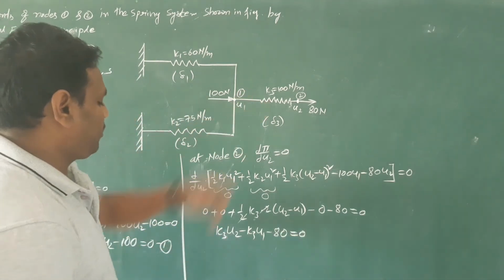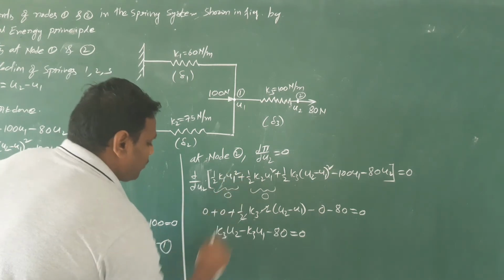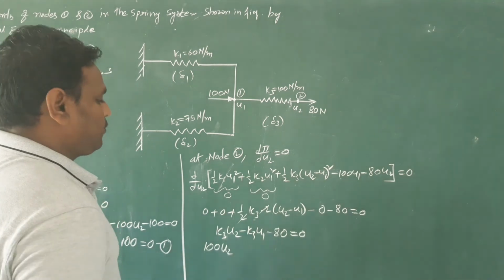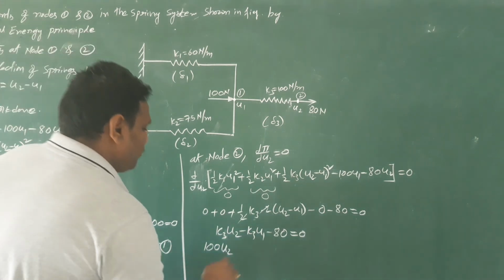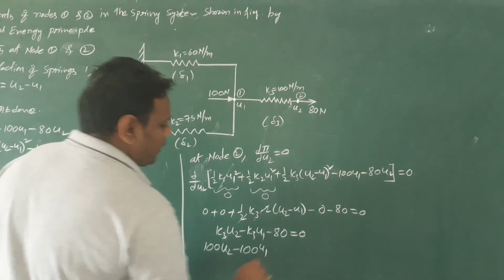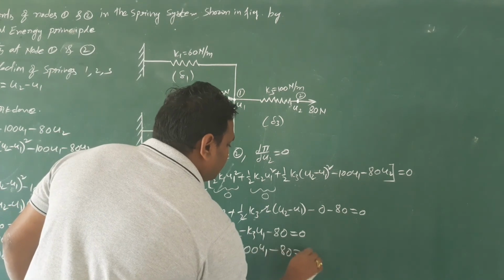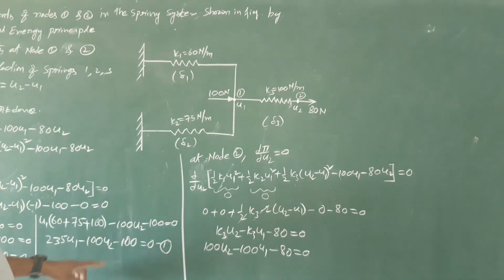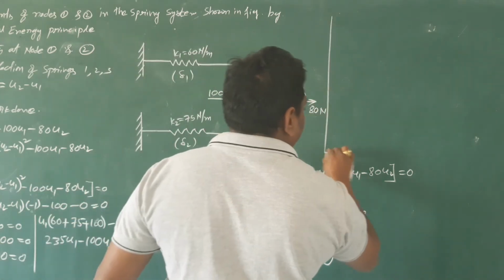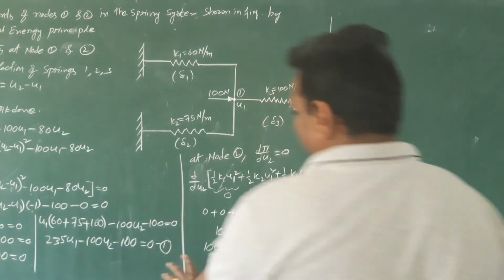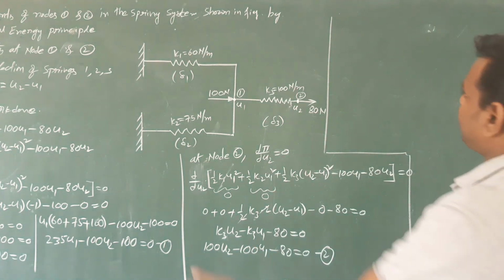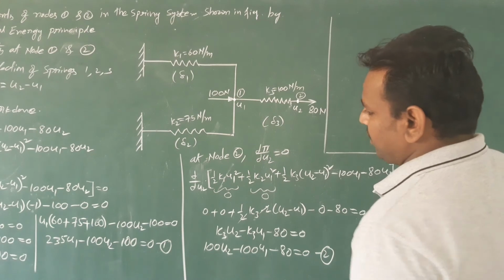Substitute the k3 value here: 100 into u2, minus 100 into u1, minus 80 is equal to 0. This is equation 2. From equation 1 and equation 2, after solving these two equations, we will get the u1 and u2 values.